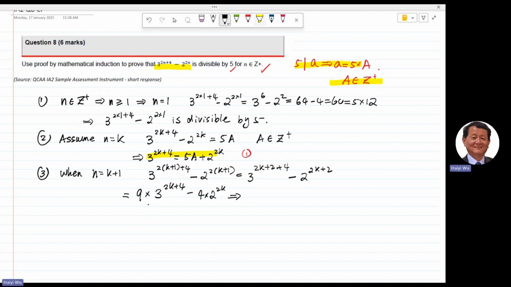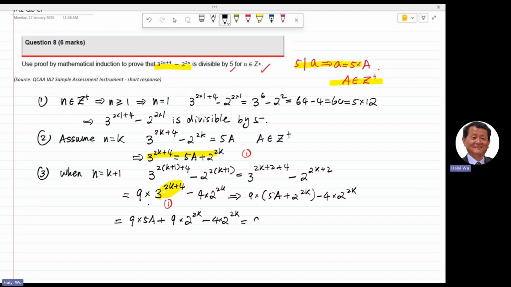Replace this term with equation 1, so we get 9 times 5a plus 2 to the power of 2k, minus 4 times 2 to the power of 2k. Then, expanding the bracket, 9 times 5a plus 9 times 2 to the power of 2k minus 4 times 2 to the power of 2k.